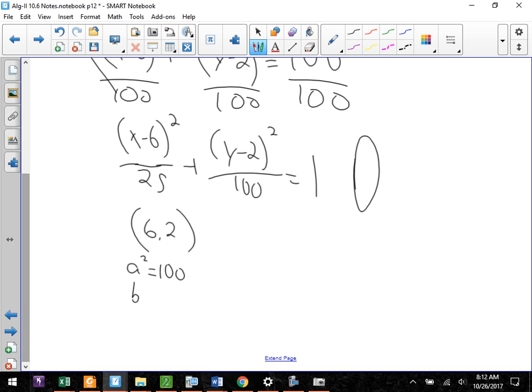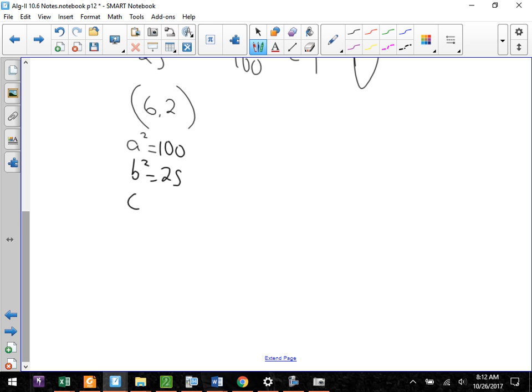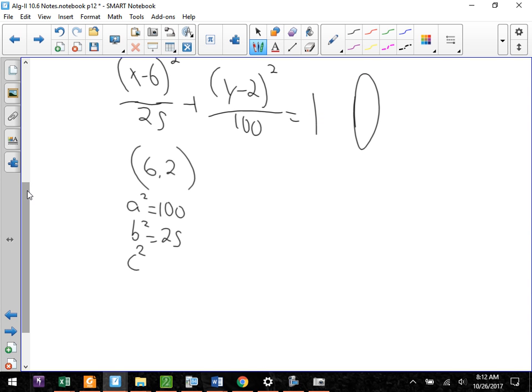B squared? What's C squared? 25. 75, very good. A is plus or minus 10. B is plus or minus 5. C is plus or minus 5 root 3.